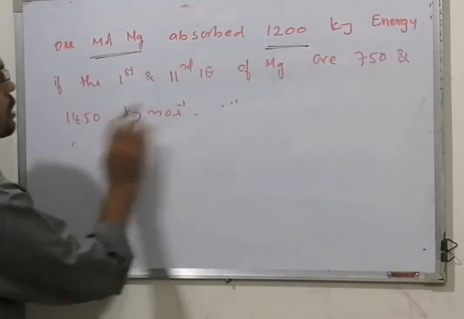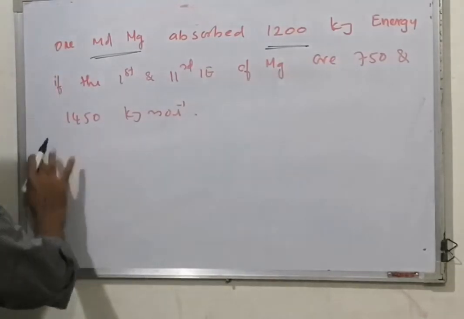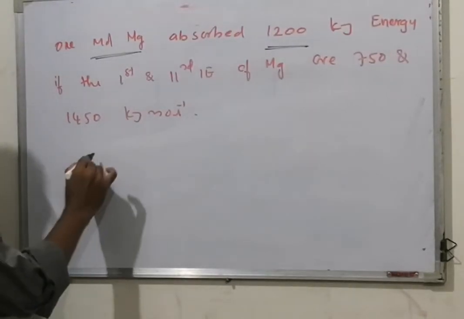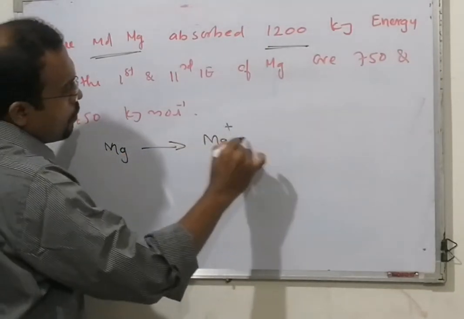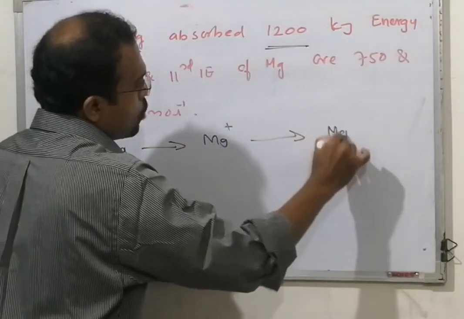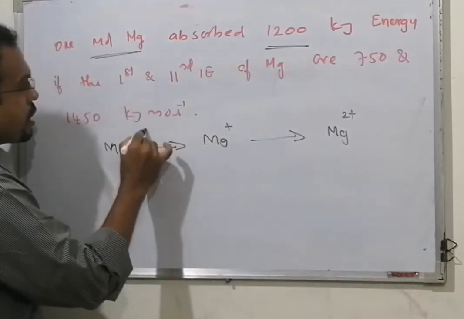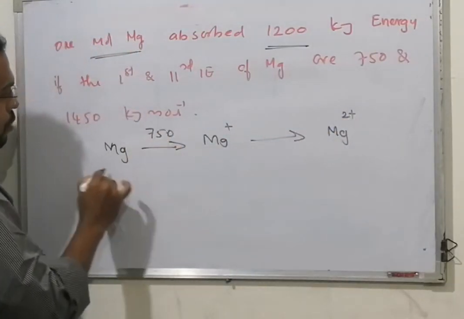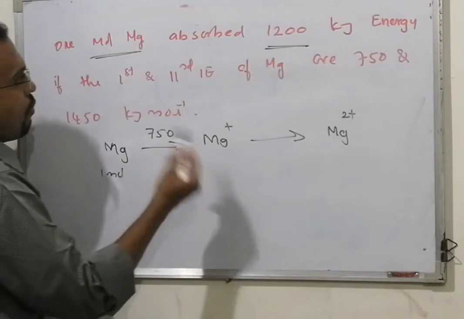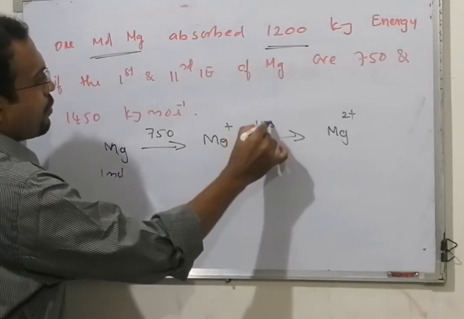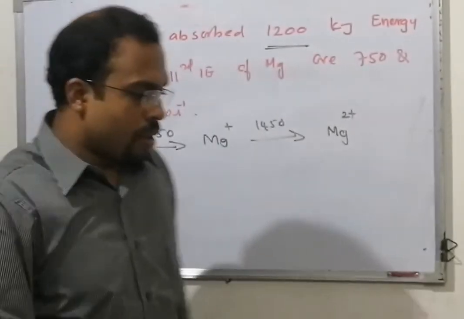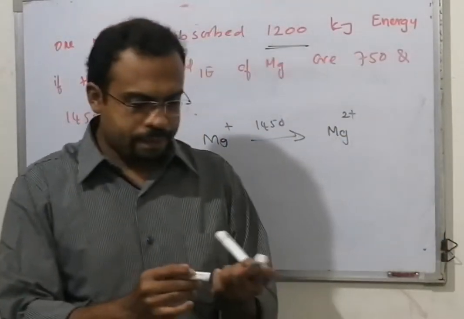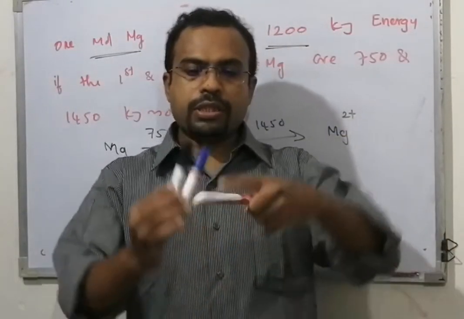Its first and second ionization energies: magnesium to Mg plus needs 750 for 1 mole, and Mg plus to Mg2 plus needs 1450. Imagine, suppose this is magnesium.